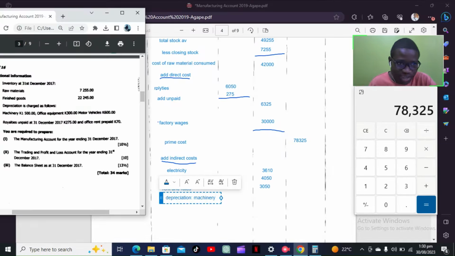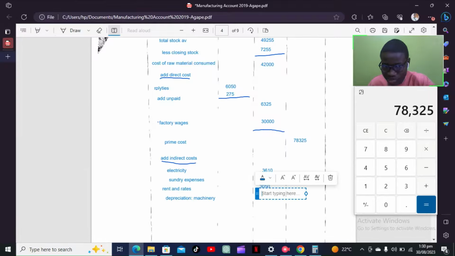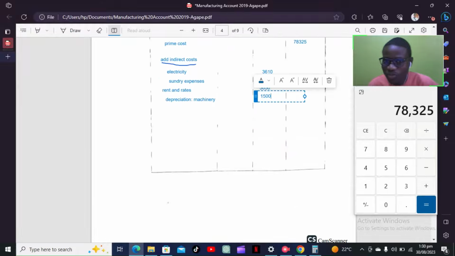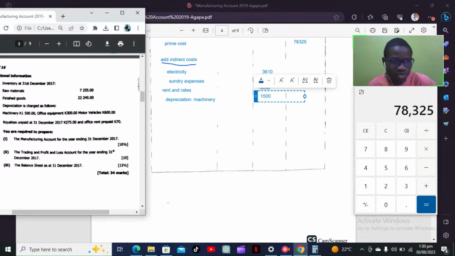And how much was it? They told us in our question that depreciation is to be charged at 1,500. So it's already calculated. We're just going to enter it here, which was 1,500. Then that is concerning this manufacturing.